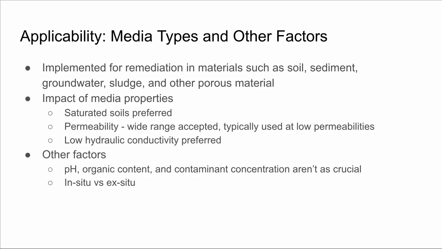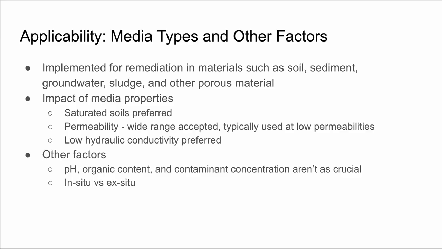Additionally, you would want a low hydraulic conductivity. This typically just corresponds with a low permeability, so that's another factor you would want to keep in mind. And then there are a couple of other factors that influence the applicability of electrolytic remediation, but they aren't as important as the contaminant type and media type.